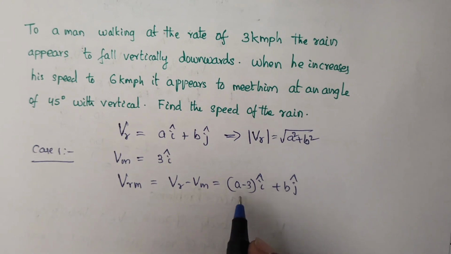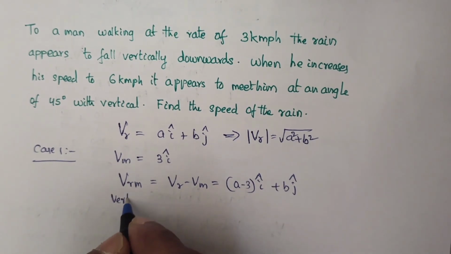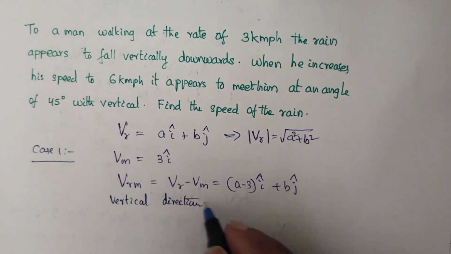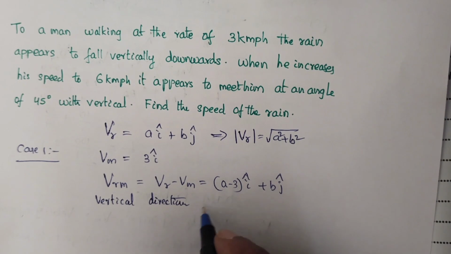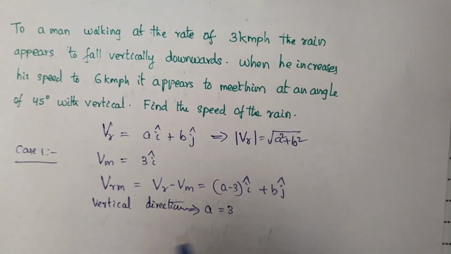0 degrees means you see here vertical direction. So here since it is vertical direction, a minus 3 is equal to 0, so a is equal to 3.